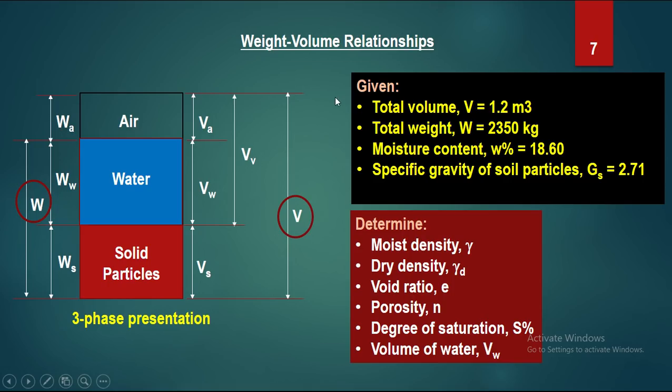So here, say we know the total volume of a soil mass, V. This is given as 1.2 cubic meter, and the total weight is also given. And you are told that the moisture content is 18.6%, and the specific gravity of soil particles, we know the definition of specific gravity from the knowledge of physics, is equal to 2.71. So you're asked to determine the moist density, dry density, void ratio, porosity, degree of saturation, and volume of water.